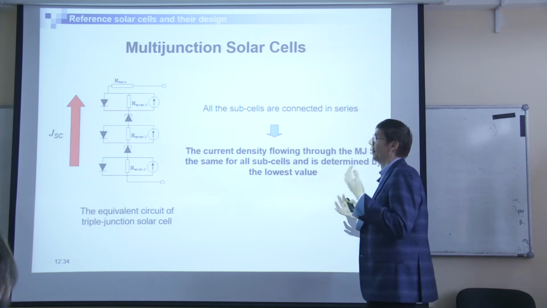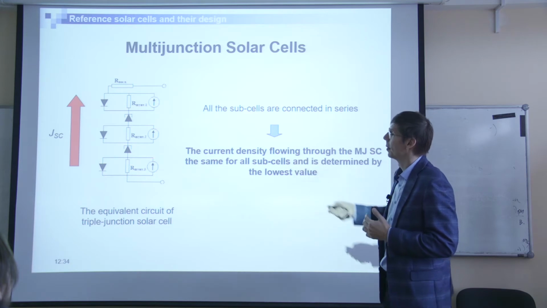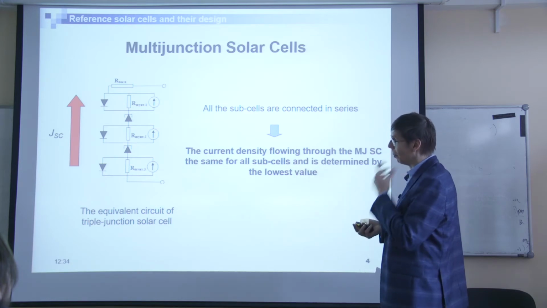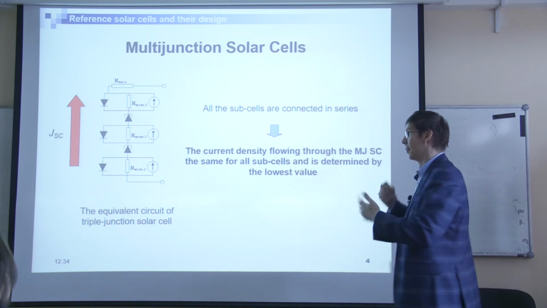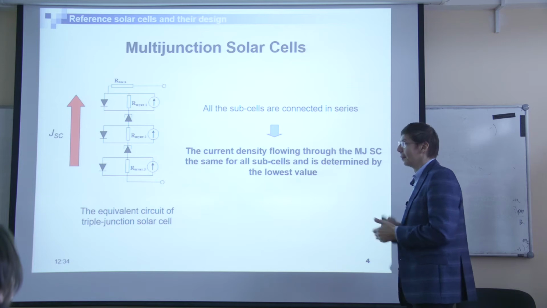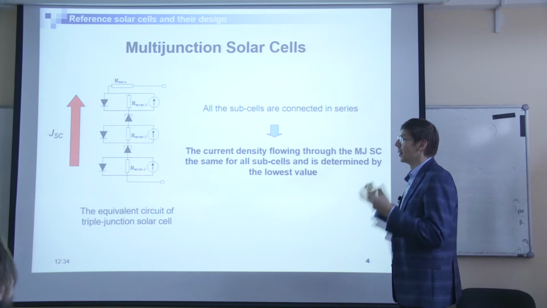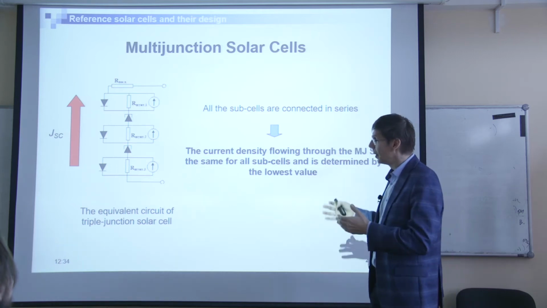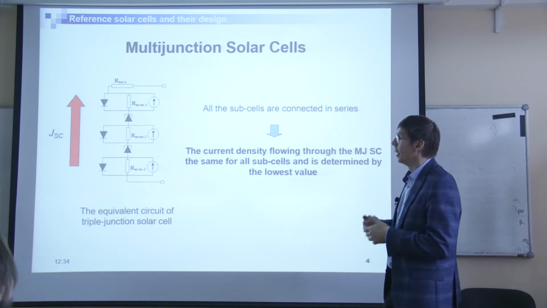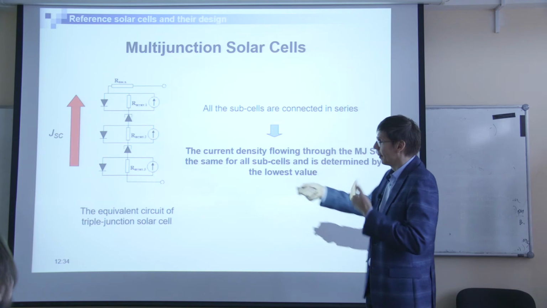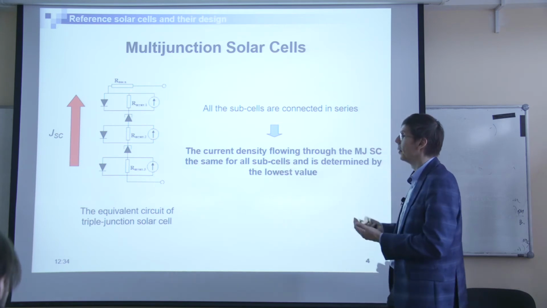So the main idea is that you have 3 sources of the current, but they are connected in series. So as we described during the practice, the current is limited by the minimum current. Again, the current is equal for each junction and is limited by the minimum.